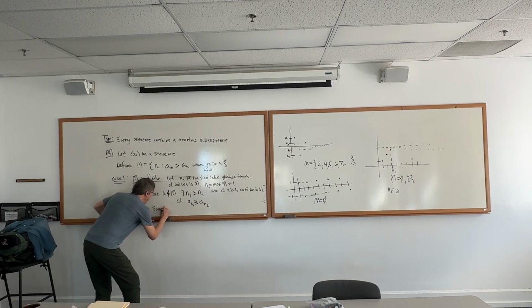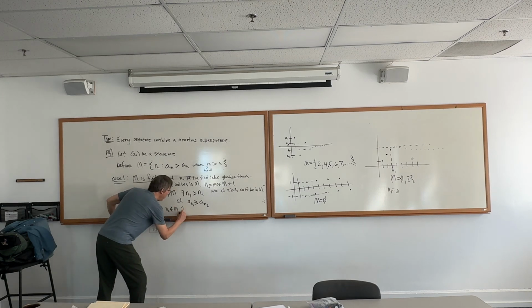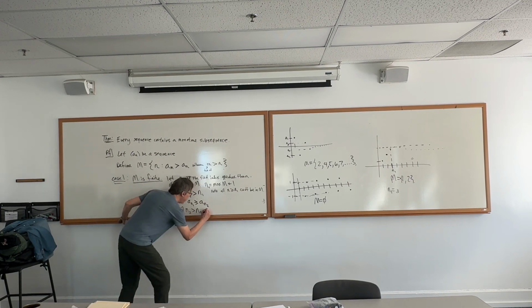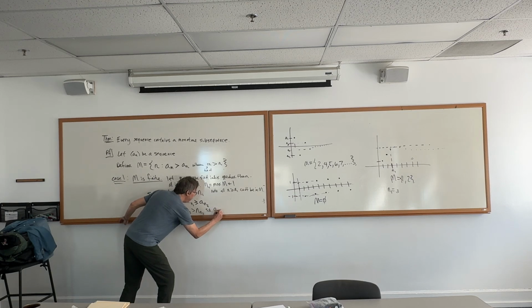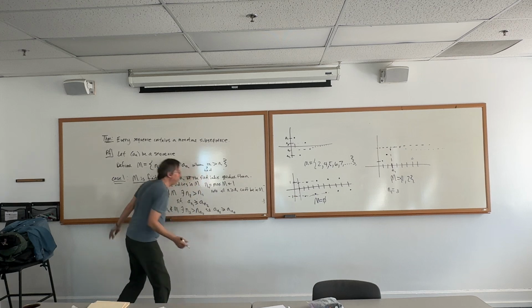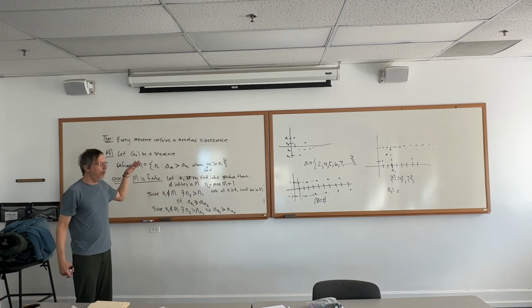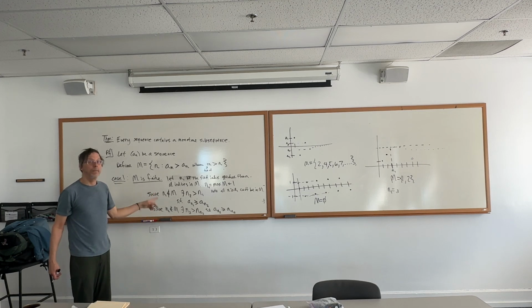Since n2 cannot be in M, there exists an n3 that is to the right of n2, such that a sub n2 is bigger than or equal to a sub n3. In other words, I can move to the right and find something that's at my same level, or it went down. And now I have an inductive loop here.